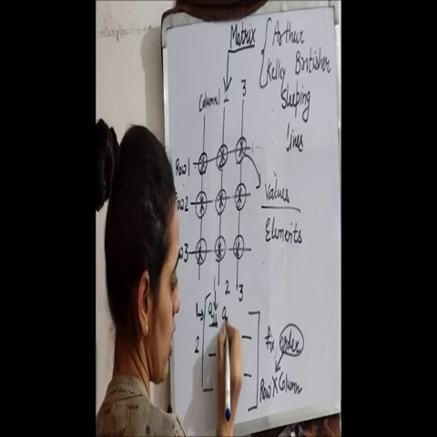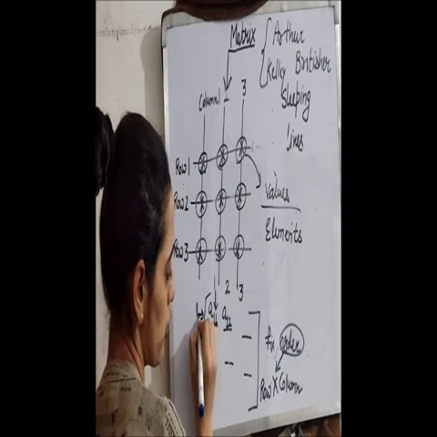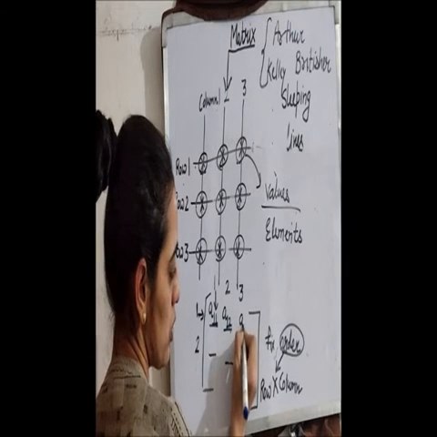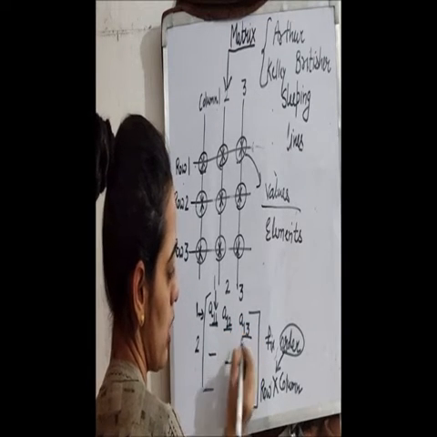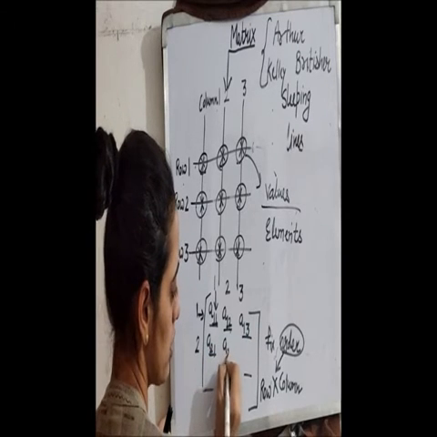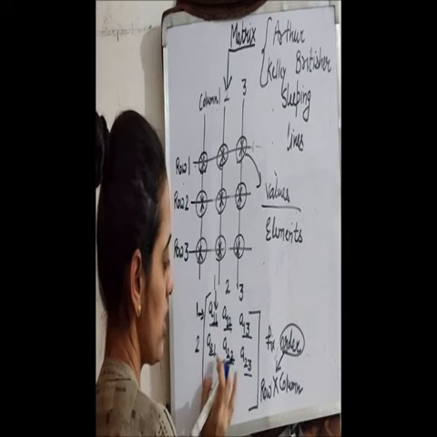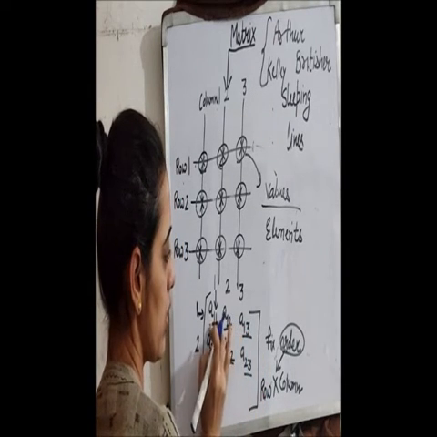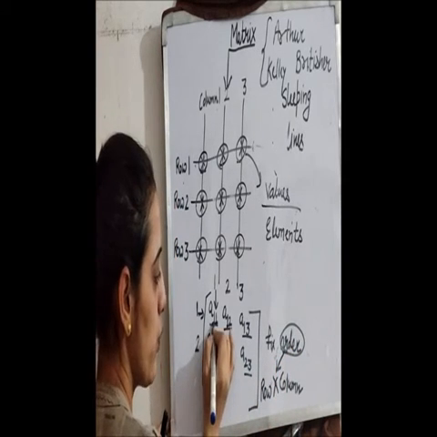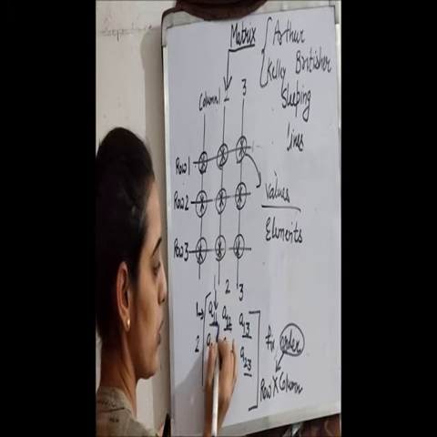Similarly, this is A12. Here this 1 is coming from first row and this 2 is coming from second column. So this becomes first row, third column. This becomes second row, first column, second row, second column, second row, third column. So all these elements obey a fixed rule, that is order: always we write the first identification for row and the second for column.